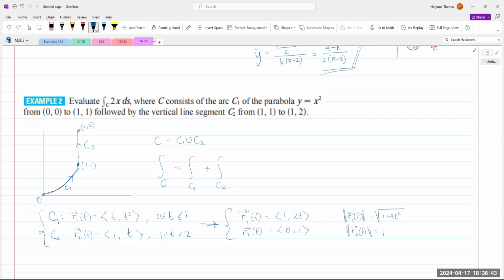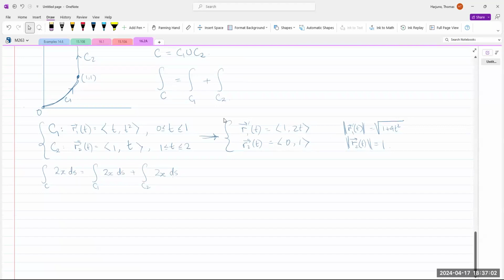Now, the integral over C of 2x ds equals the integral over C1 of 2x ds plus the integral over C2 of 2x ds. Each of C1 and C2 has its own parameterization. For C1, t is from 0 to 1, x will be just 1, and ds is the square root of 1 plus 4t squared dt.